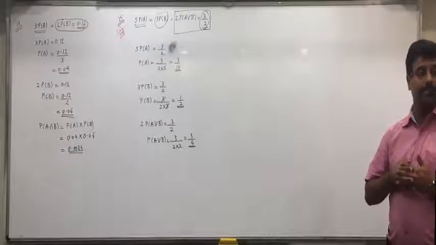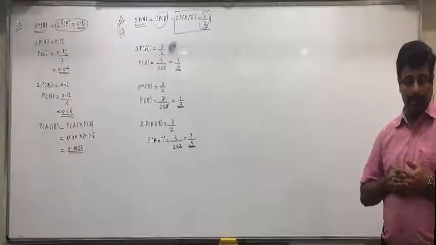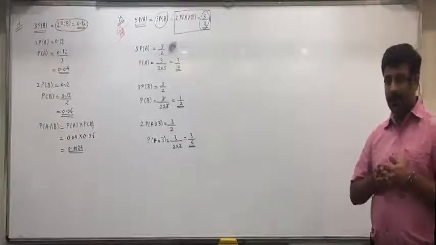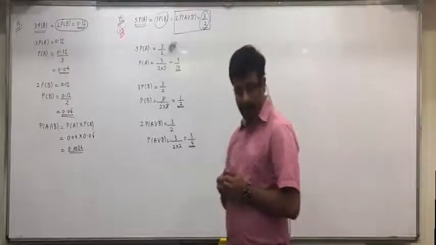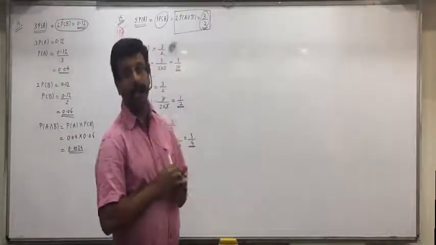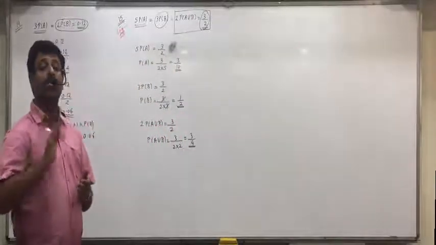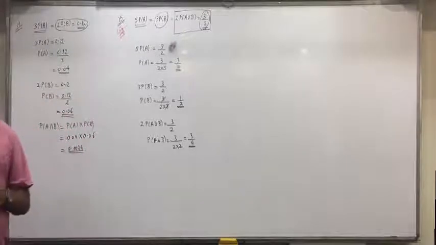Good job. P of A intersection B the whole. And how will you find A intersection B? With the formula of P(A union B). Correct. A naught union B naught will be A intersection B whole naught.